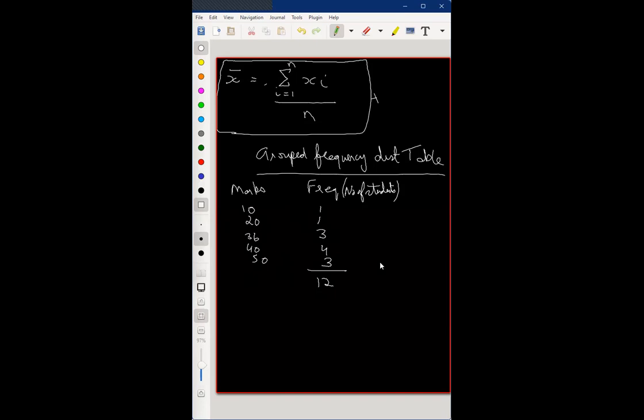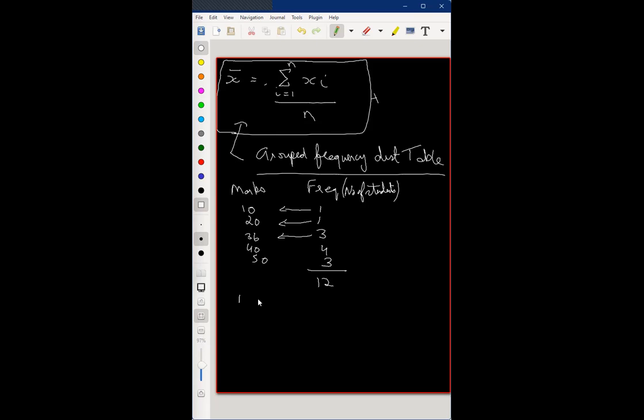Now, if I try to fit this into the formula for mean, can I do that? I cannot, because I don't know how many observations. I know there are only 12 observations, but the marks are different for each. So one person got 10 marks, one person got 20, and 3 got 36.